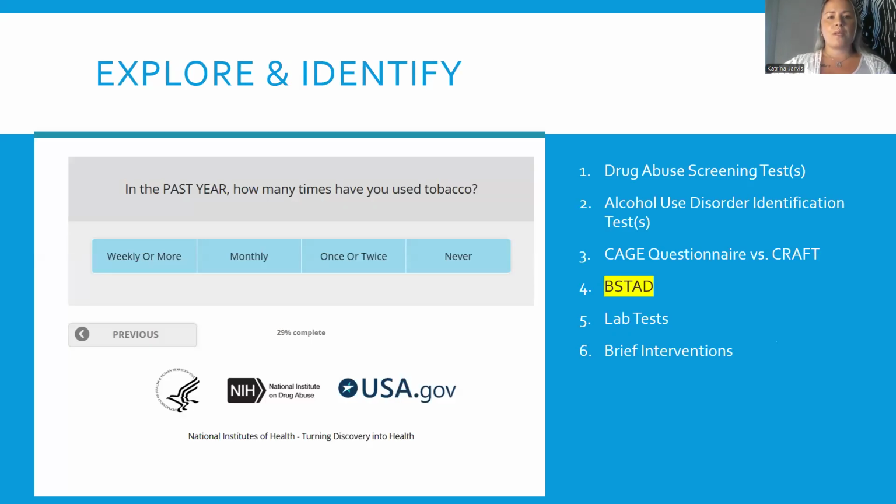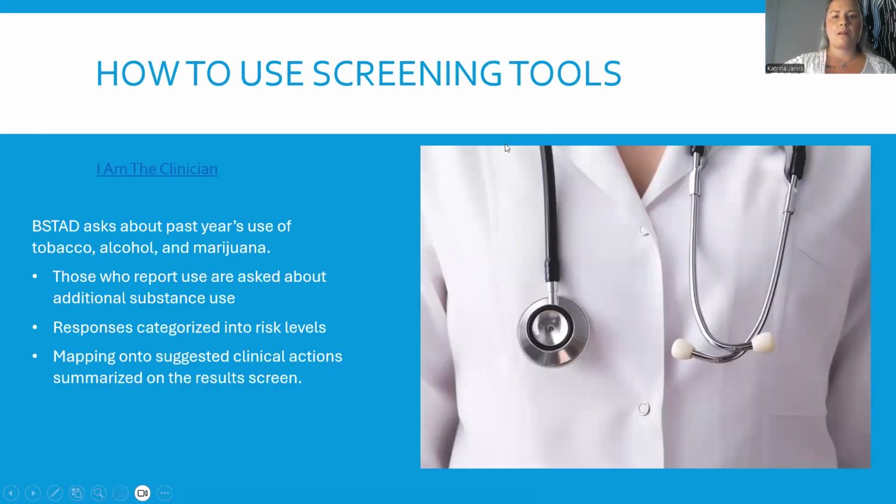So explore and identify. This is what a screening looks like. And we are going to play the clinician.